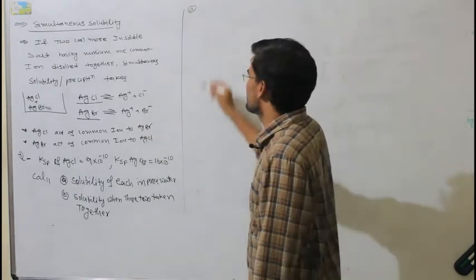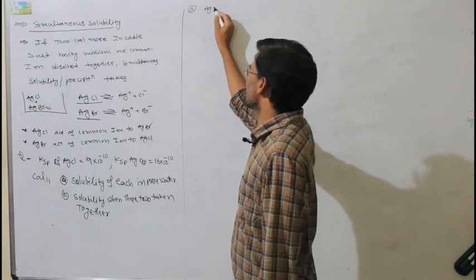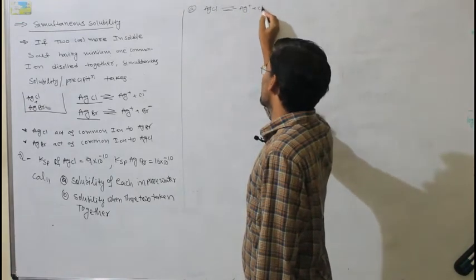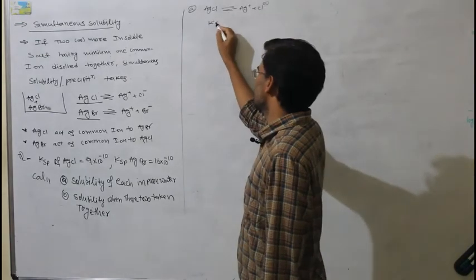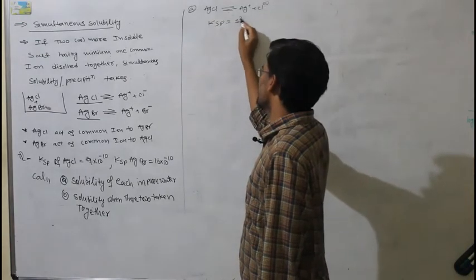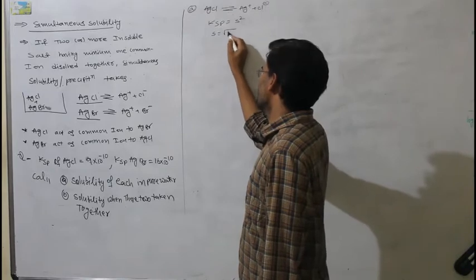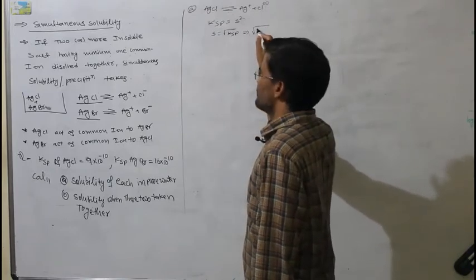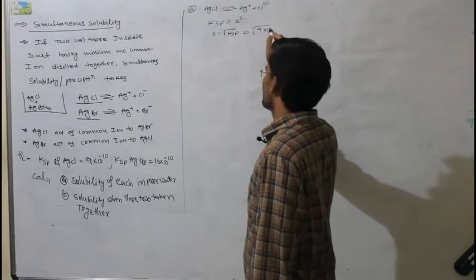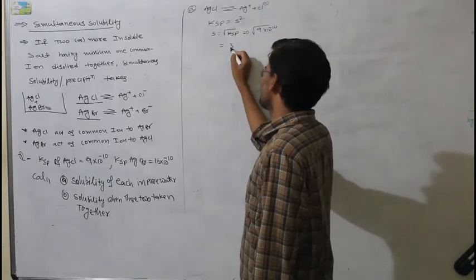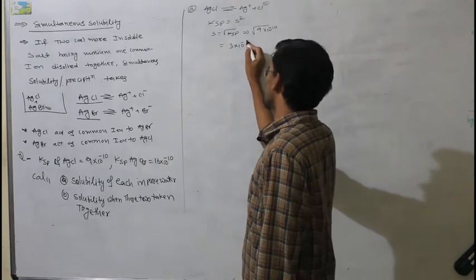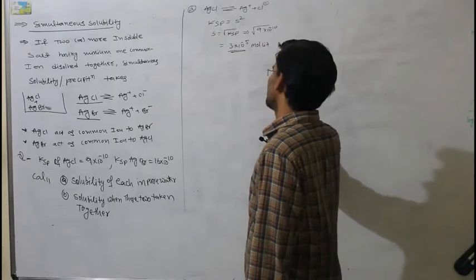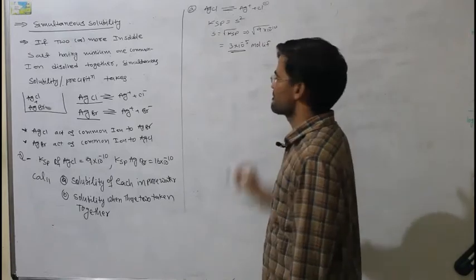For silver chloride, it is splitting into Ag plus and Cl minus. So Ksp is equal to S square. S is equal to root of Ksp, that is root of 9 into 10 power minus 10, so that is 3 into 10 power minus 5 mole per liter. This is the solubility of silver chloride in pure water.